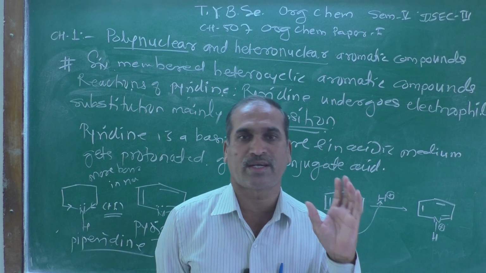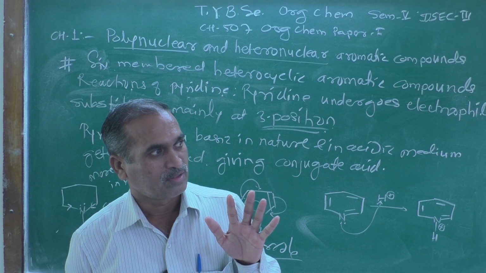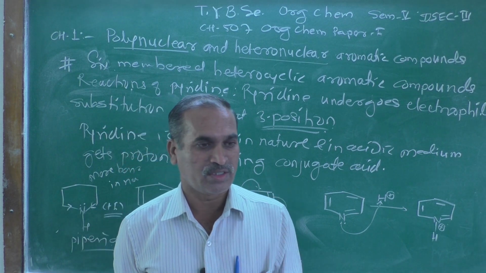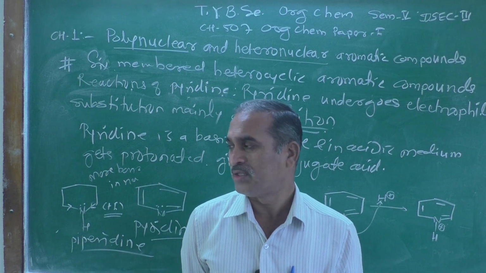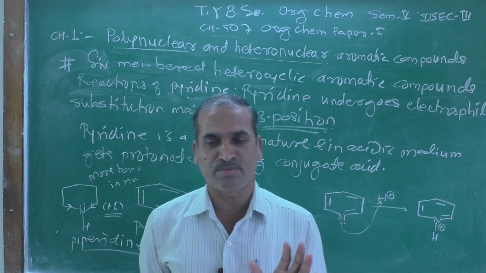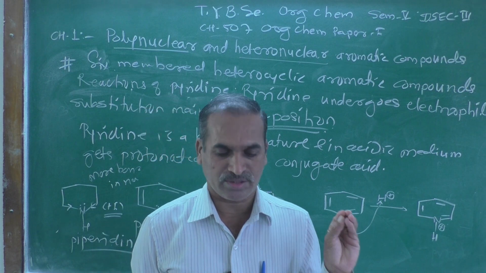From that we elaborated that when an electrophile attacks pyridine, a 6-membered ring, the electrophilic substitution mainly occurs at 3 positions.